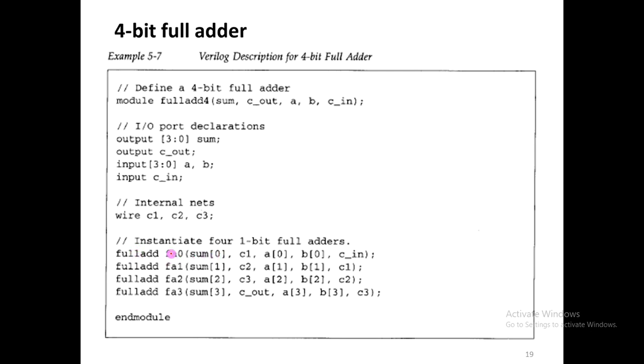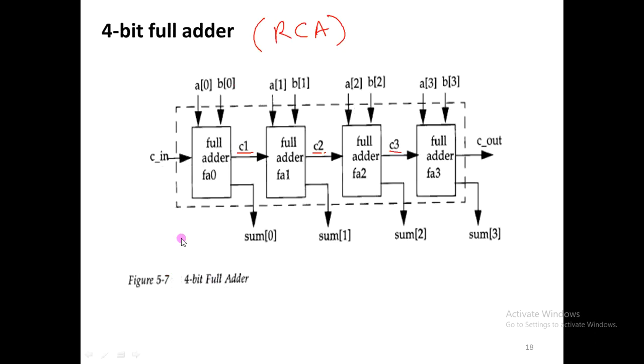The first full adder, FA0, FA1, FA2, FA3, all these are optional. But I recommend having them because if something goes wrong here, the error will mention the instance name. FA1 has some error, and that's why it is better if you keep it. So first full adder is here. What is the input?